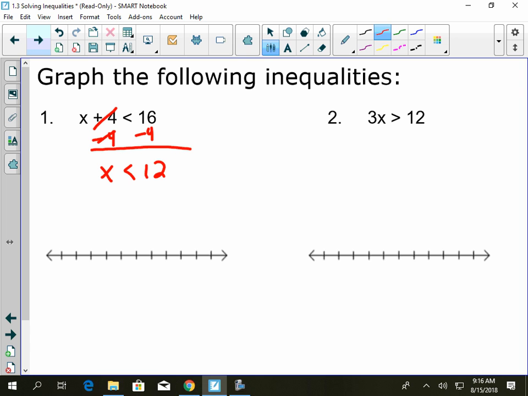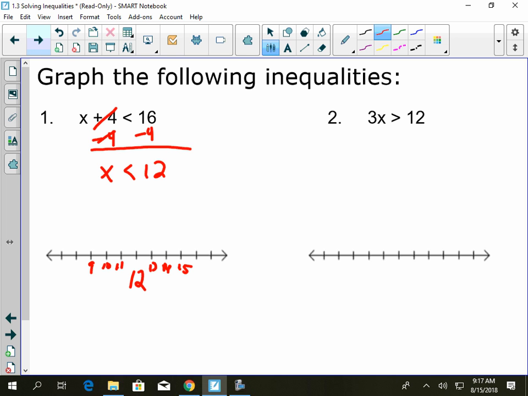Now I have to graph that. So this is what I'm going to do. I'm just going to put 12 right here. So, is x bigger than 12 or smaller than 12? So you might want to put, you go 9, 11, 13, 14, 15.